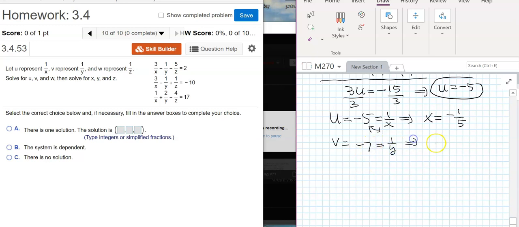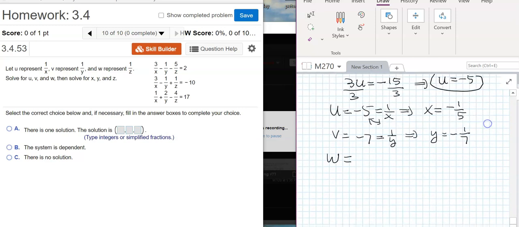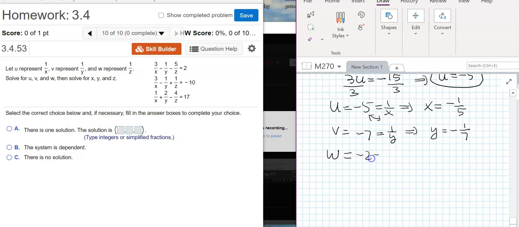Just like x, y is negative 1 over 7. w was negative 2, which was 1 over z. Then z is negative 1 over 2. So the answer is negative 1 over 5, negative 1 over 7, negative 1 over 2.